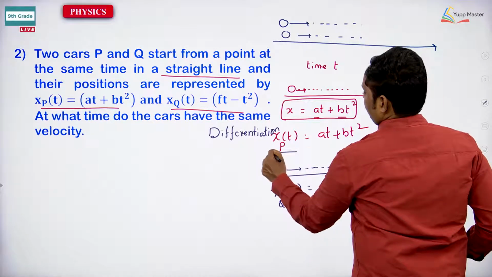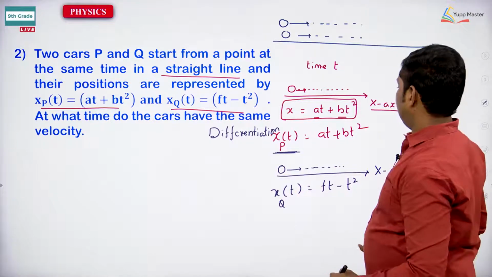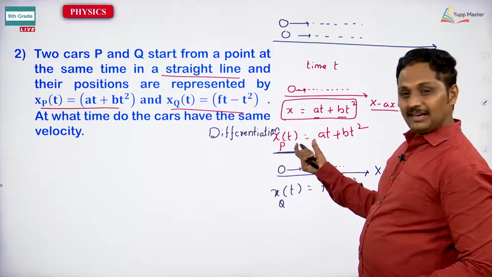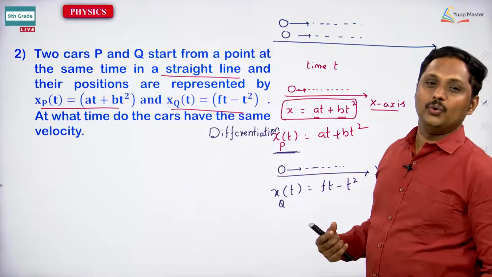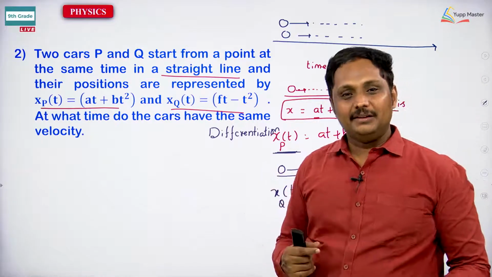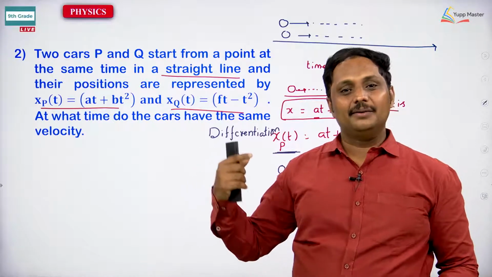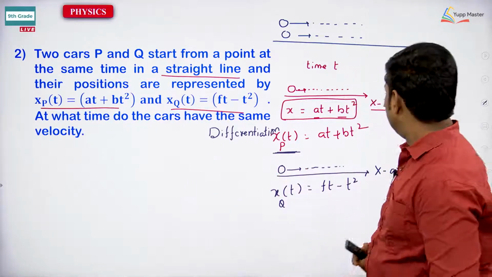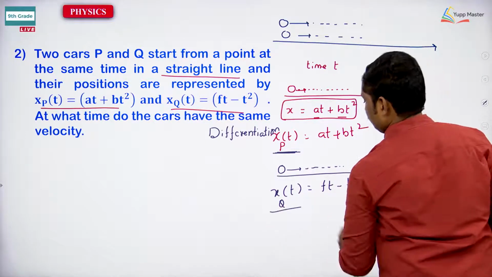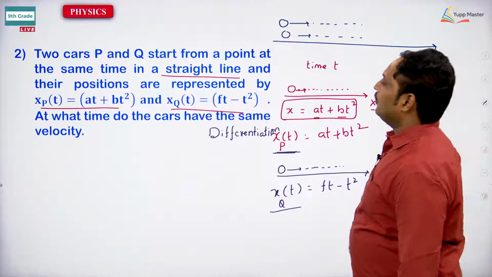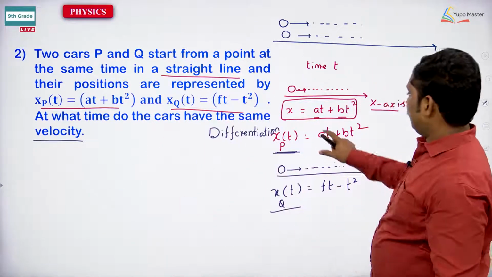You are going to take that x is the position coordinate. x has been expressed in terms of t, that is x is equal to x of t for the first car, that is at plus bt square. This is also given. You are going to take the velocity, the position has been given.